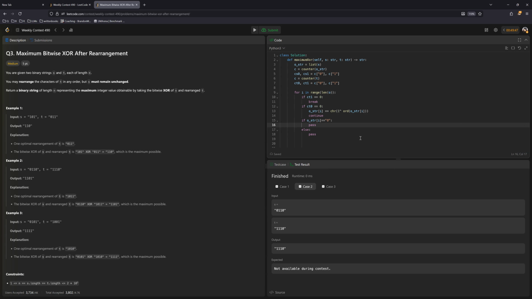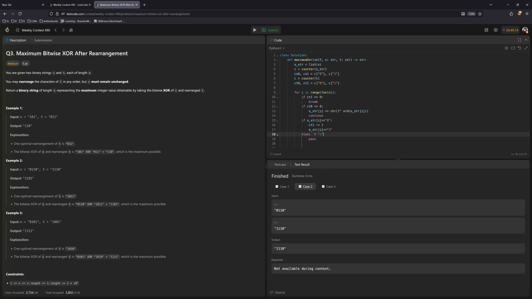But whatever it is, it's going to be lower. Yeah. There is no case where we don't want to flip this one. So this is going to be CT of 1 minus equals 1 and OSTR of I equals 1. Yes.